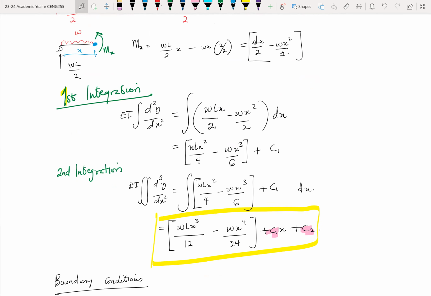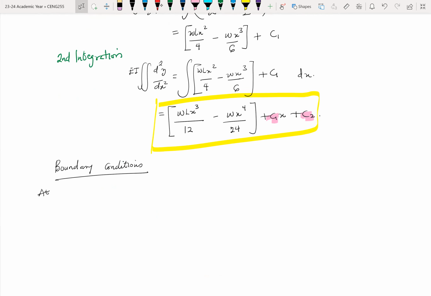So at A, when x is equal to 0, y is also 0. If x is 0, y is 0, you substitute them into this equation, let me call it equation 5.